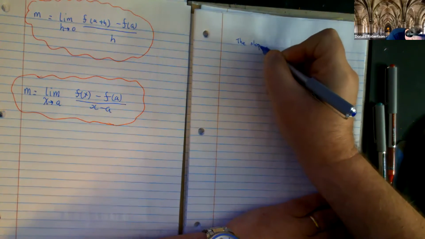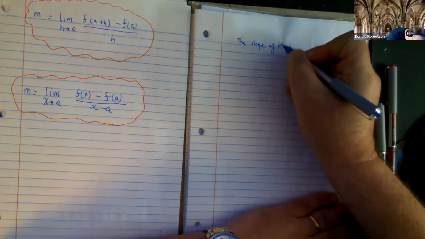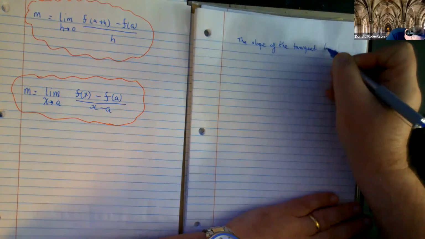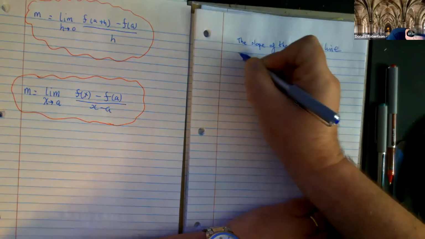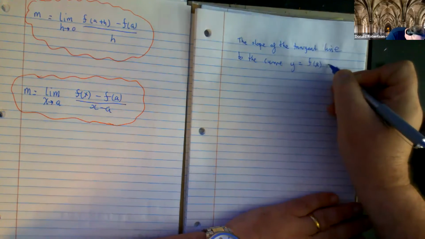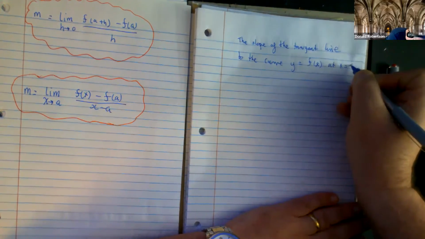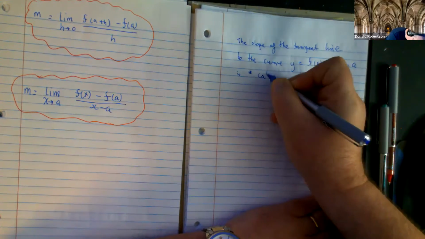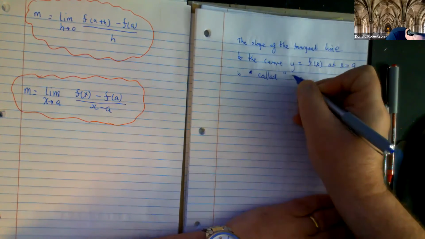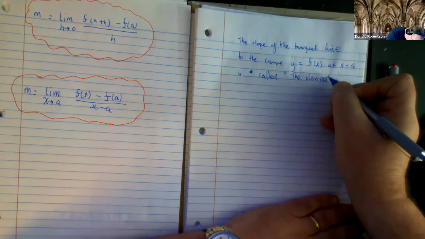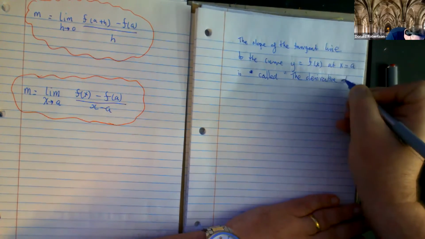The slope of the tangent line to the curve y equals f of x at x equals a is called the derivative at x equals a.